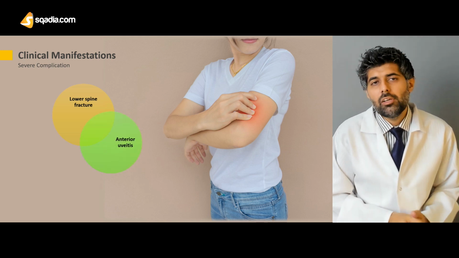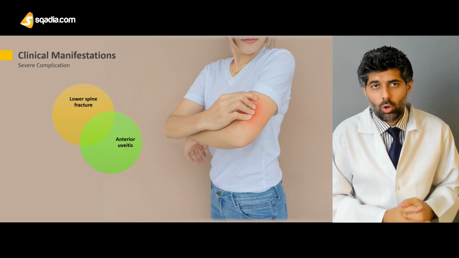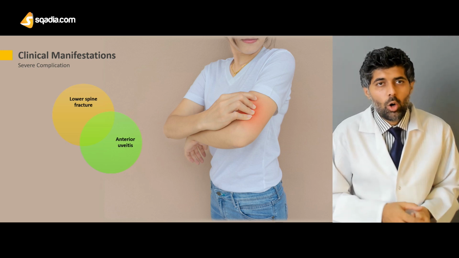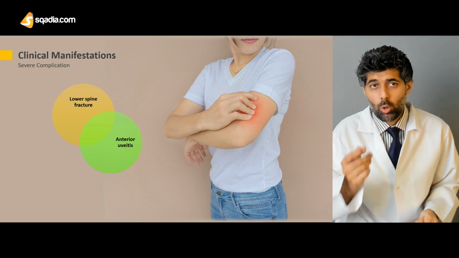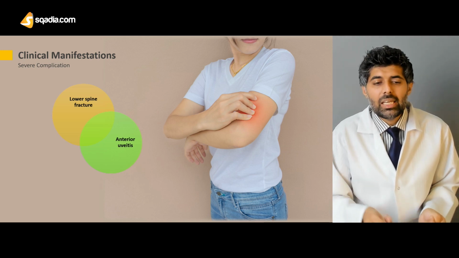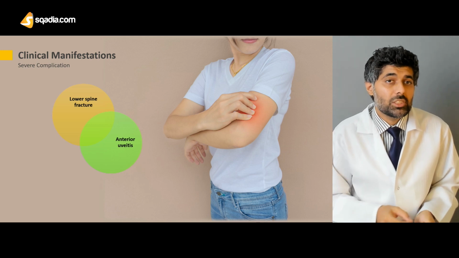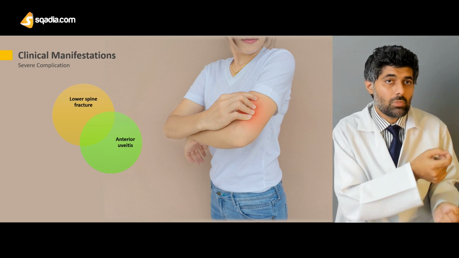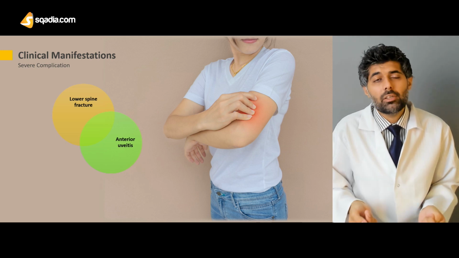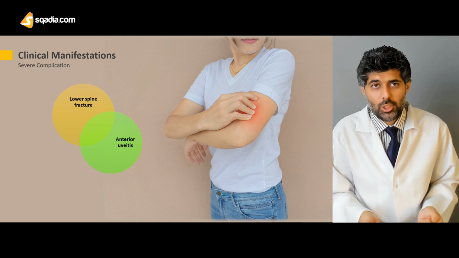Next, we have the anterior uveitis, or the inflammation of the anterior uvea of the eye. Now, this again is important because if left untreated, it will result in either partial or complete loss of the vision of the patient.